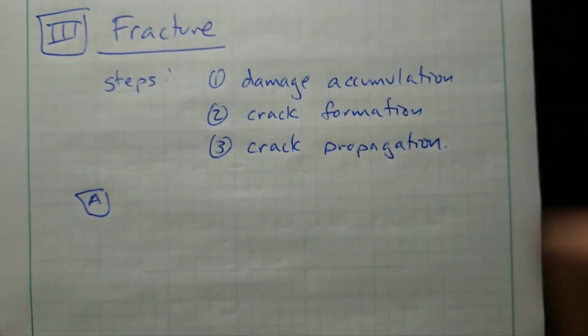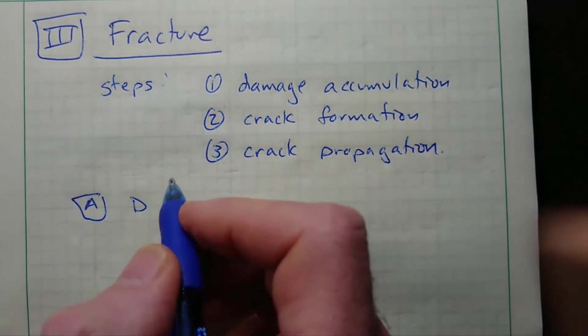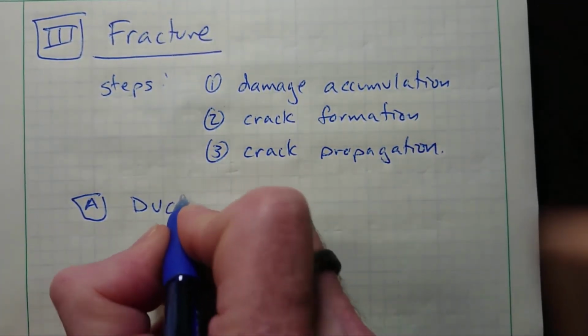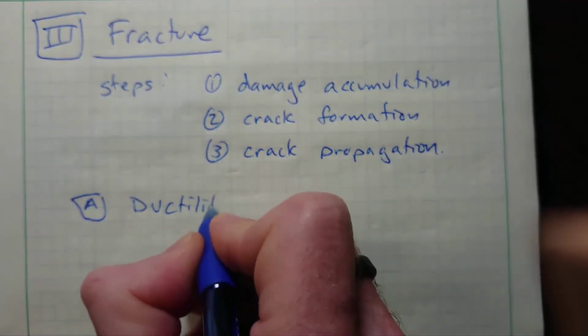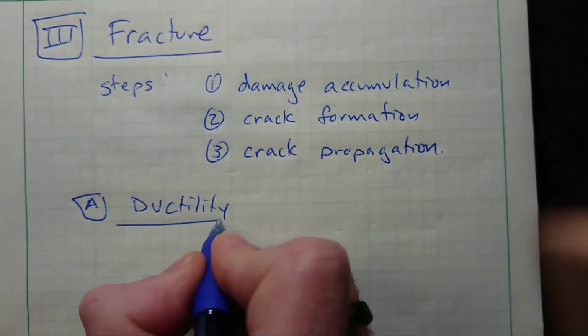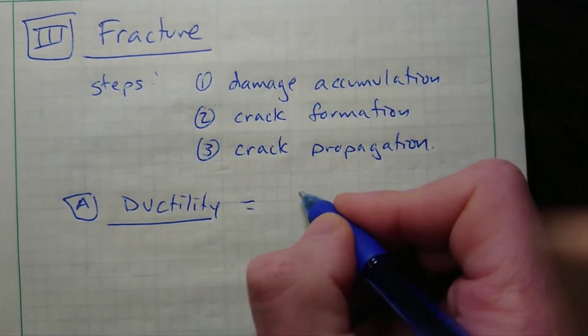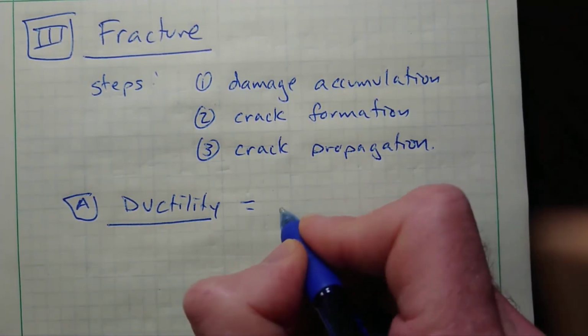Two material properties of importance associated with fracture are ductility and toughness. So let's talk about ductility. Ductility is defined in this context as the permanent strain to fracture.